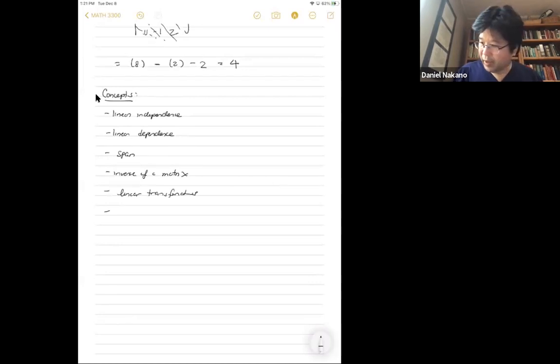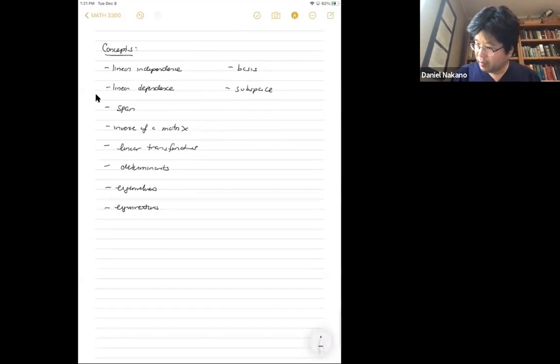You should know about bases. Let me put this up here because it's more, sort of with linear independence. And then the idea of a subspace. Okay, so this kind of all goes together. Determinants. Eigenvalues. Eigenvectors.